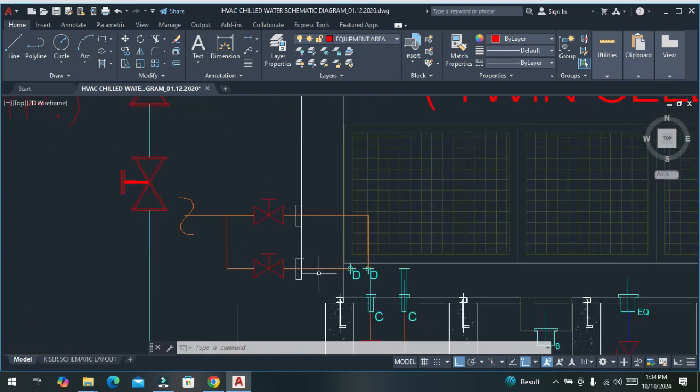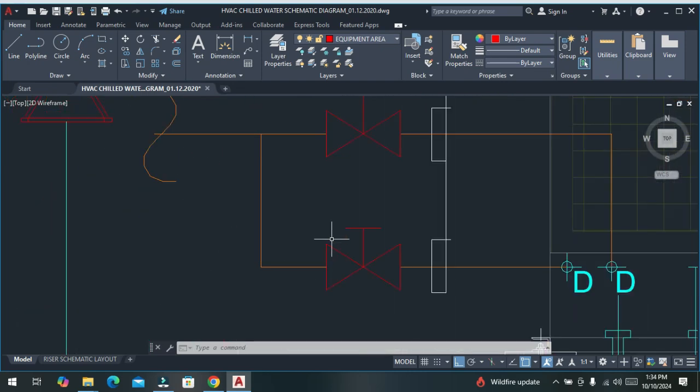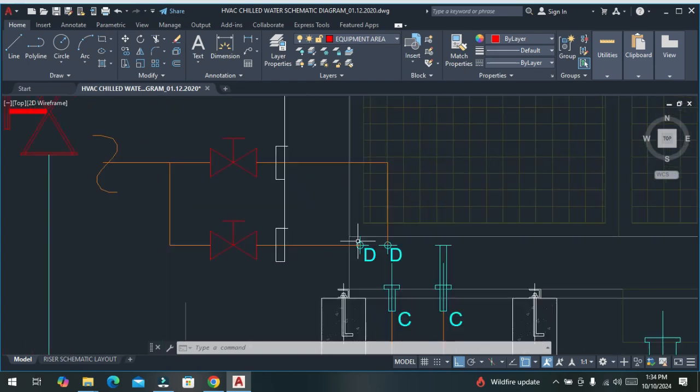There are two options. One can be soft water, such as STP treated water, or treated water from hotels. Another is quick fill, and another is from overhead tanks, such as the soft water makeup tank or cooling tower makeup tank.